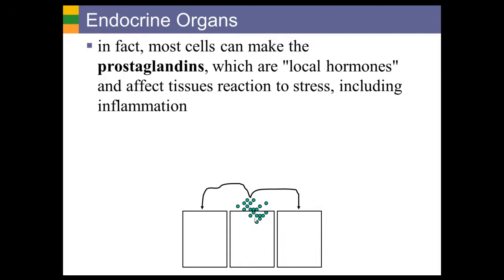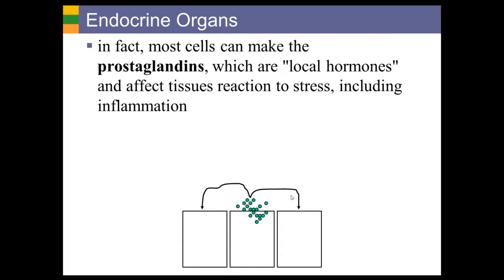Basically, what the prostaglandins do is they're sort of the way your cells dial 911. They're sort of like a local stress hormone. So if you have damage to a cell, like let's say you hit your head or you cut yourself, the cells that were damaged release the prostaglandins.